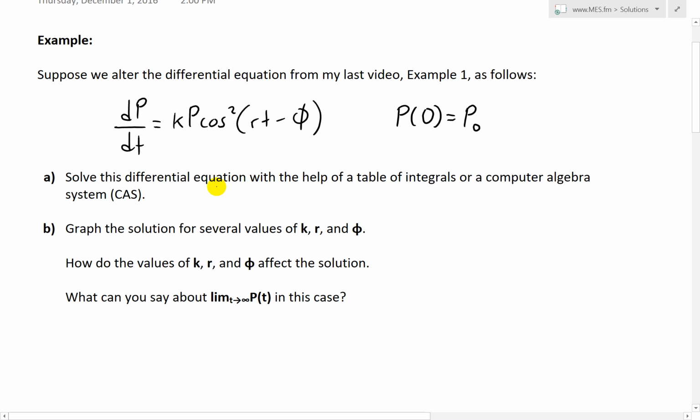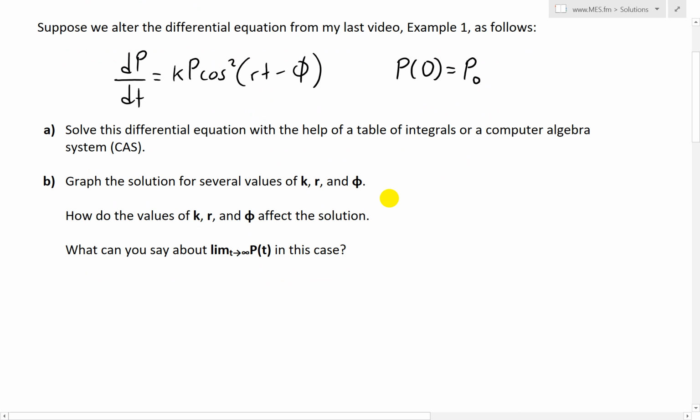So the differential growth model here is dp over dt, where p is population and t is time, equals k, that's just a constant, times p, times cosine squared of r, another constant, times t minus phi, which is another constant. And then we have the initial population p of 0, that's just p0 or p naught.